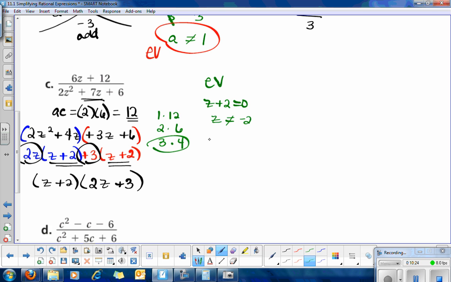Then we have 2z plus 3 cannot be equal to 0. Subtract 3 on both sides, we end up with 2z is equal to negative 3. Divide by 2. So z cannot be equal to negative 3/2. Leave it as an improper fraction. So these are the excluded values.